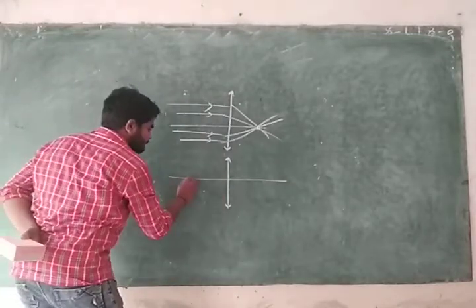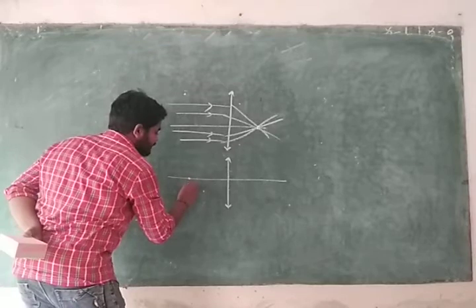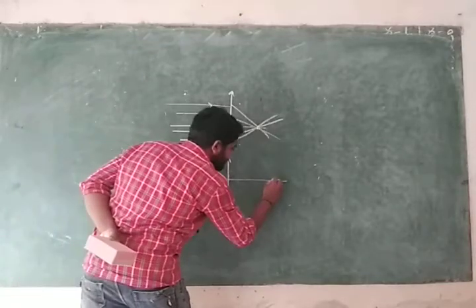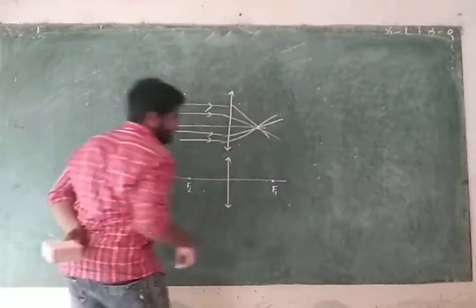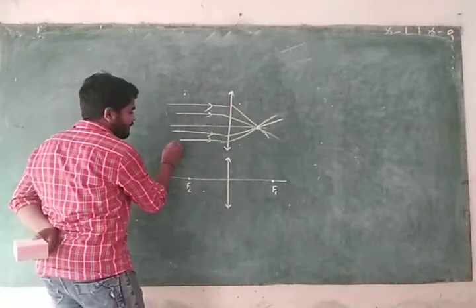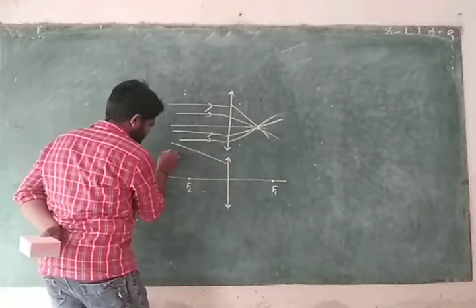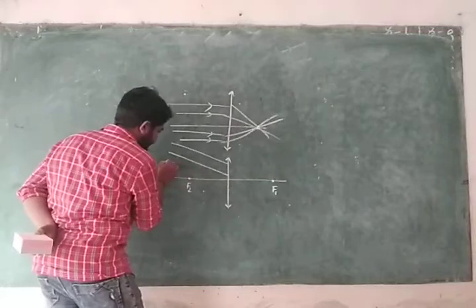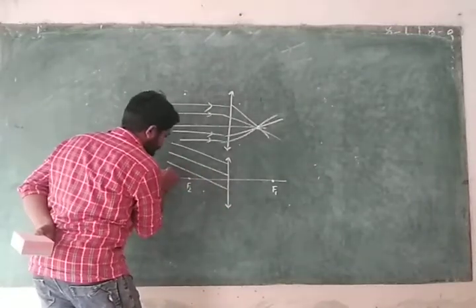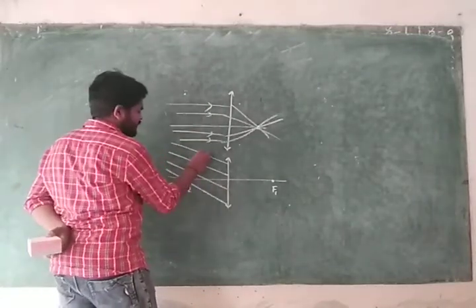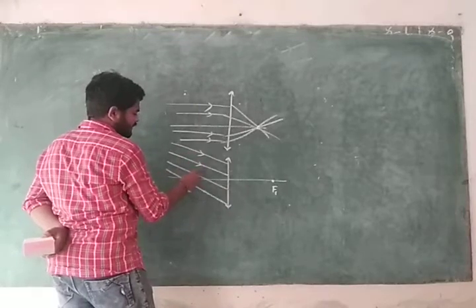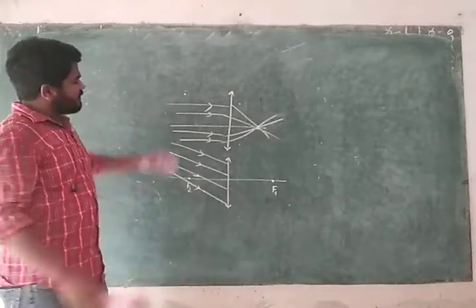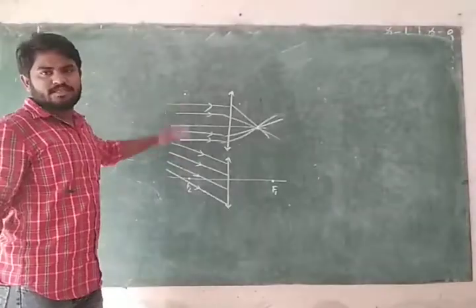Here, think it is F2 and it is F1, the focal points. Now see, parallel beam of light. What is the difference between these two cases?